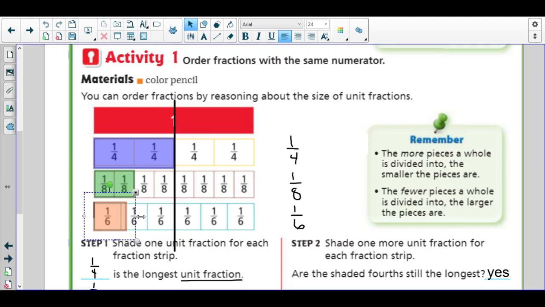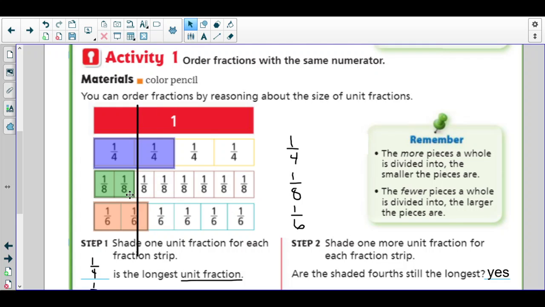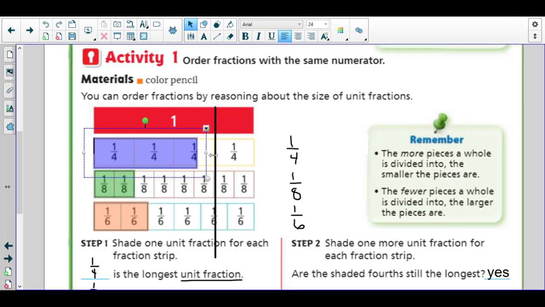All right. So I added one of each. That doesn't change. 1/4 is still the winner out there, and 1/8 is still the smallest. And so if we go ahead and take out and add another, so remember the same numerators.